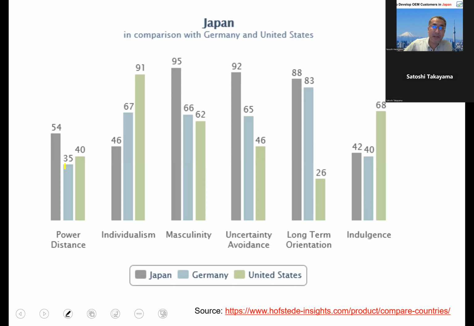And I think it's a famous framework to compare different cultures. This is the cultural dimensions developed by Hofstede. So you can see very high scores for Japan in three dimensions: masculinity, uncertainty avoidance, and long-term orientation. I think Japan has the highest score in the world in these three dimensions.